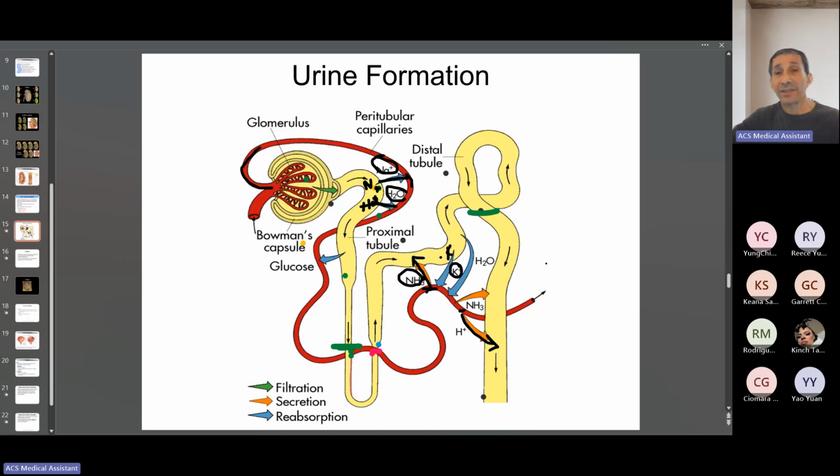So all the wastes, if they accidentally move to the blood that was filtered, during this process of these tubules, are going to be sent back to the waste tubes. And if it is good, it's going to be sent from the waste tubes back to the blood flow.